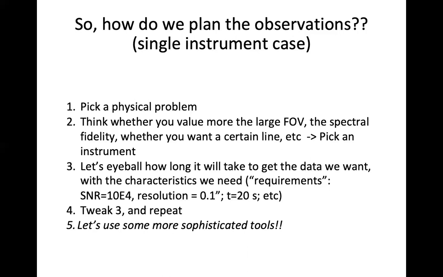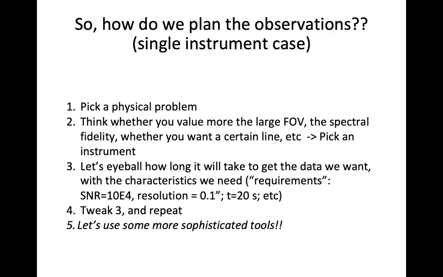But this is what Momo said: pick a physical problem, think what are the most important characteristics for that problem. So do I care more about the large field of view, the spectral fidelity, and so on and so forth? Then decide what is the instrument that's best for you. Then you know what the instrument does, and you say, how long will it take me to get data?